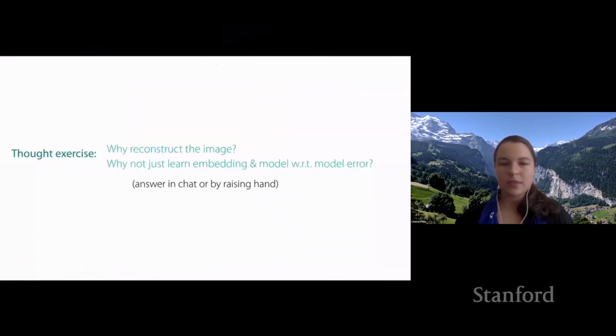Okay, so now one thought exercise, feel free to answer in chat or by raising your hand. In both of these two approaches, we're learning the embedding space with an autoencoder, by reconstructing the image. Why not just learn G of O to S by simply trying to minimize the model error in that latent space?